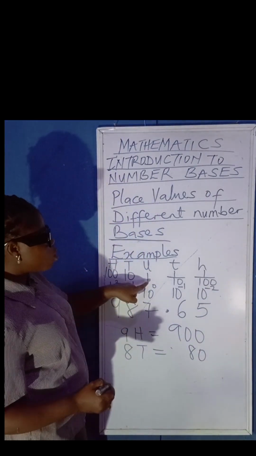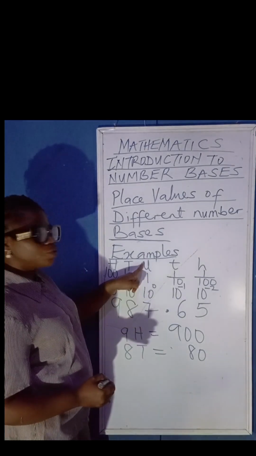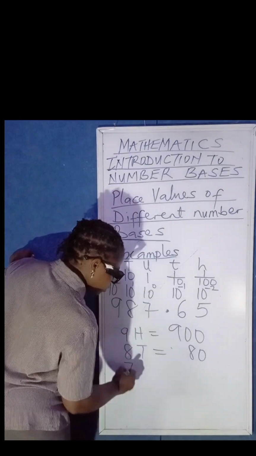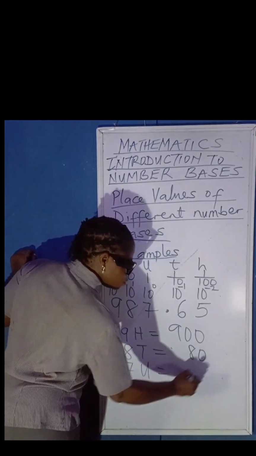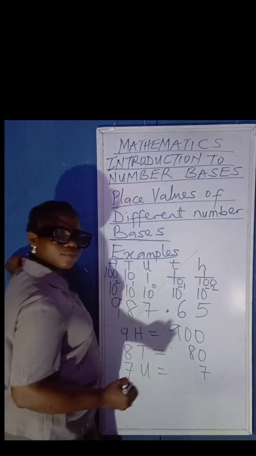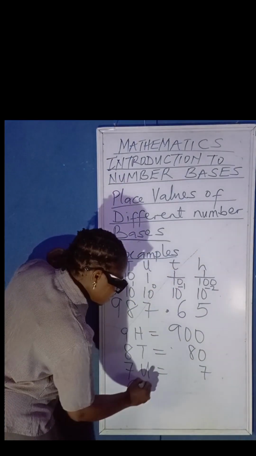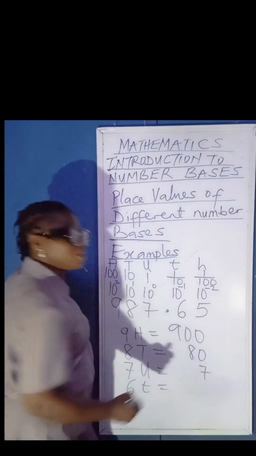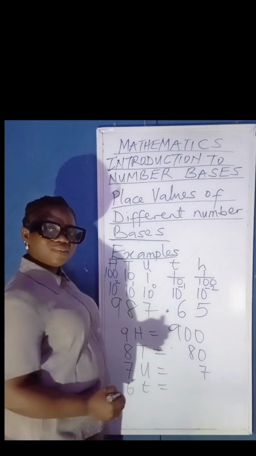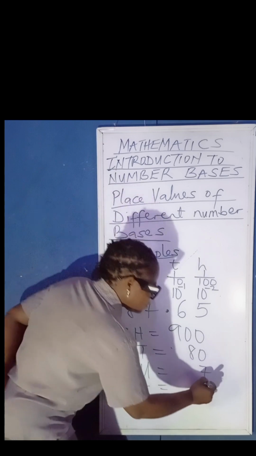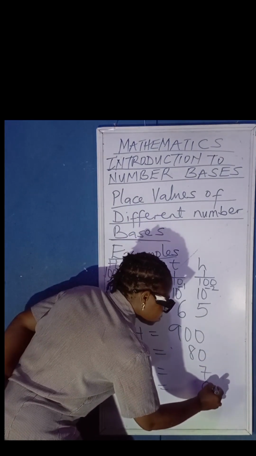This is 7 ones, or 7 units. 7 units is 7 times 1, which is 7. This is 6 tenths. 6 tenths means 6 divided by 10. 6 divided by 10 is 0.6.